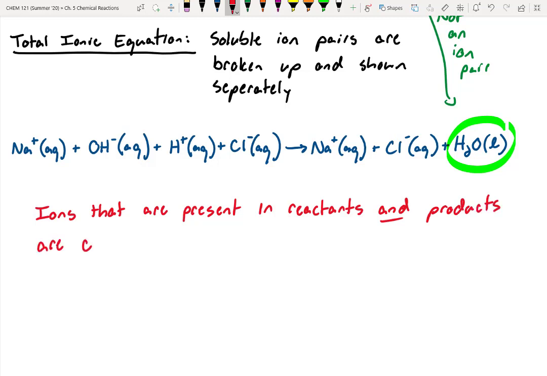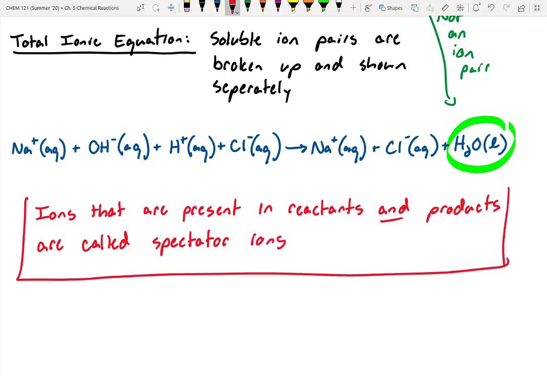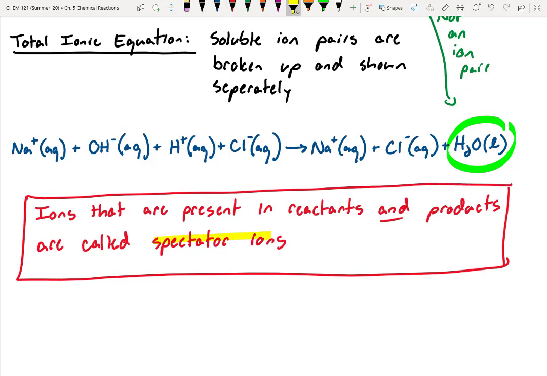Therefore, they are called spectator ions. It's kind of like going to a soccer match and sitting in the stands. You're not actually participating in the game, but you're there, right? So you're a spectator just like these ions are spectators. They're there, but they're not participating in the actual business of the chemical reaction.